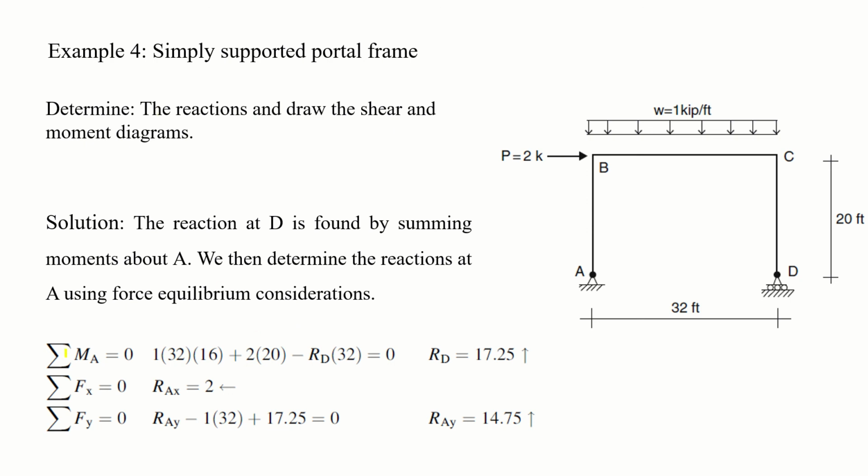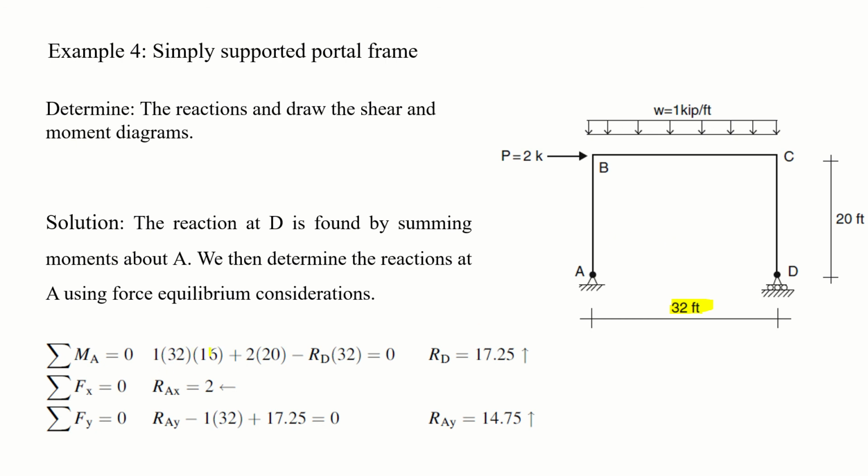We start with the support reactions. Take moment about A as 0, so you have only RD and the external force. So 1 into 32, 32 is your length about A, and the half distance is 16.